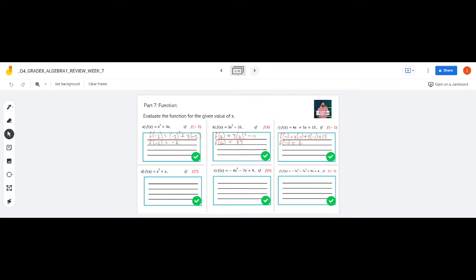Now at this point, if you like, you can pause the video and do D, E, and F, and then come back to check your answers. Right, hopefully you've done that, and now we can just check. So f of 7 equals, open the bracket, 7 square plus 7.